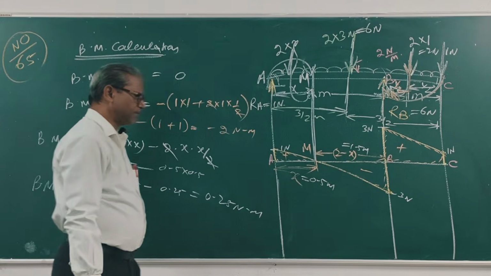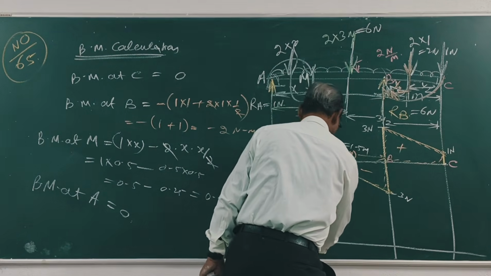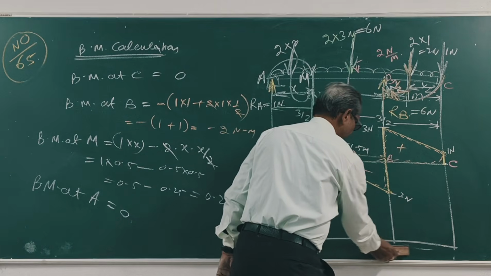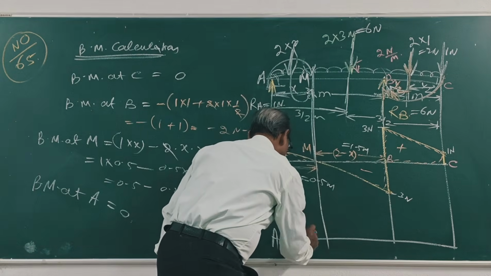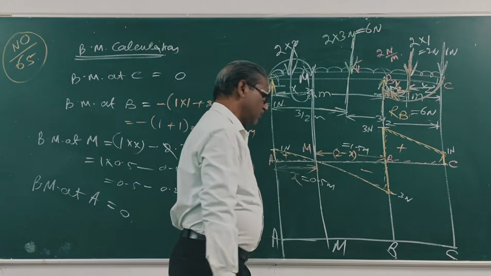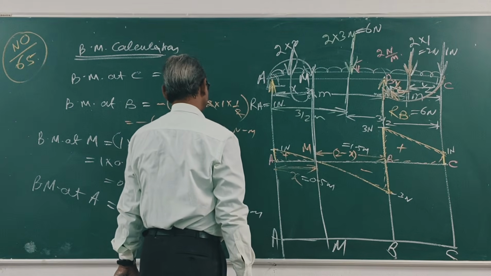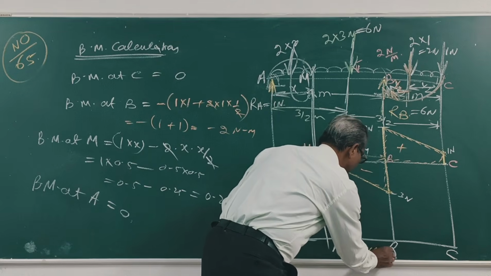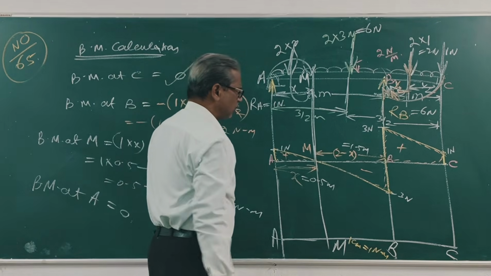Now draw the BM diagram. BM diagram. A, M, B, C. Take scale 1 cm equal to 1 Newton meter. Clear? At C, 0.